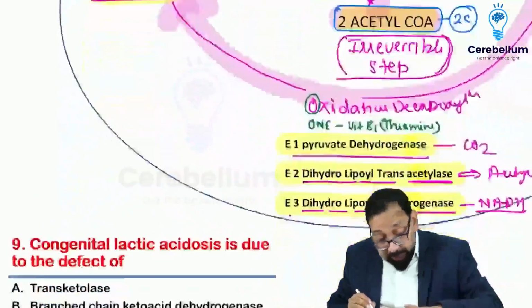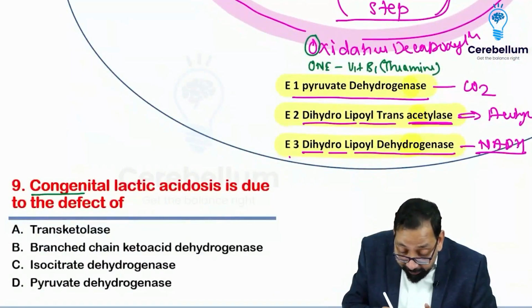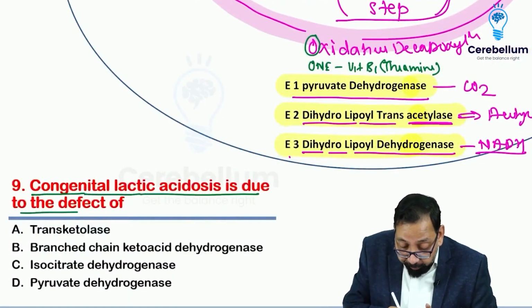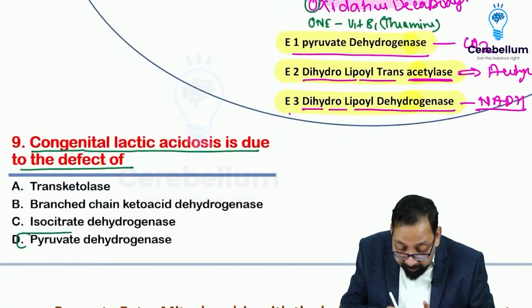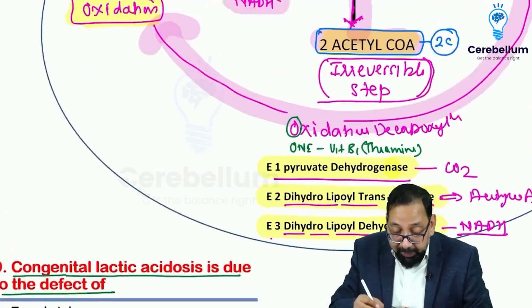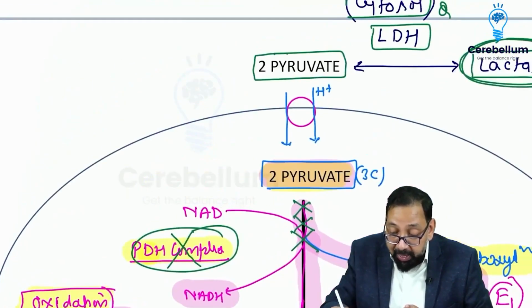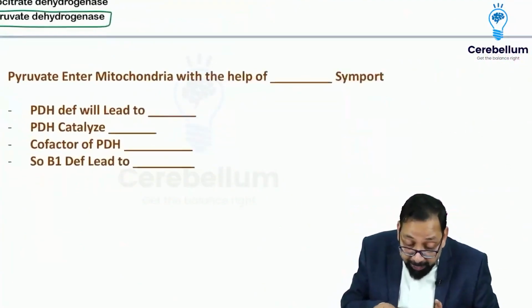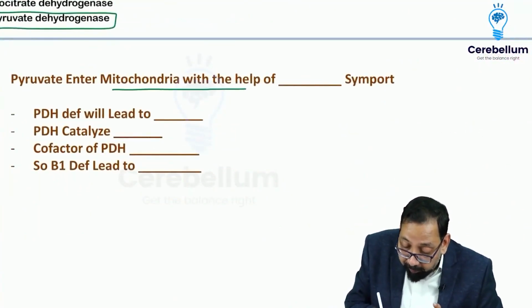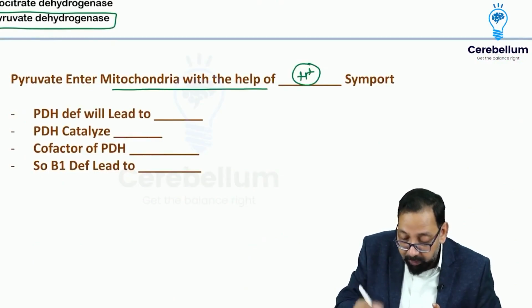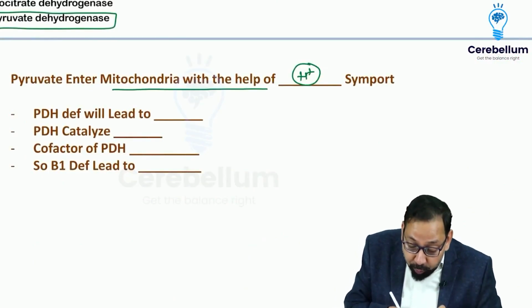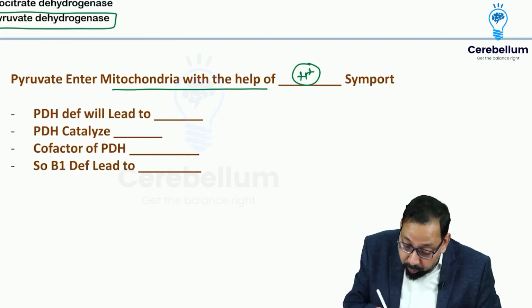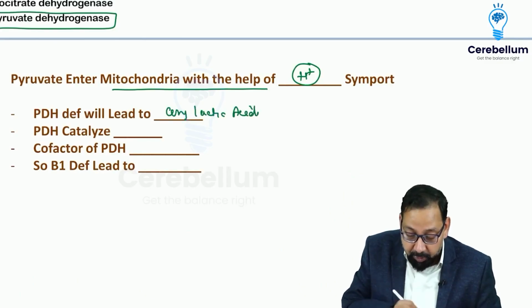Recently asked question in INICET, congenital lactic acidosis is due to defect of pyruvate dehydrogenase. Pyruvate dehydrogenase defect leads to congenital lactic acidosis.